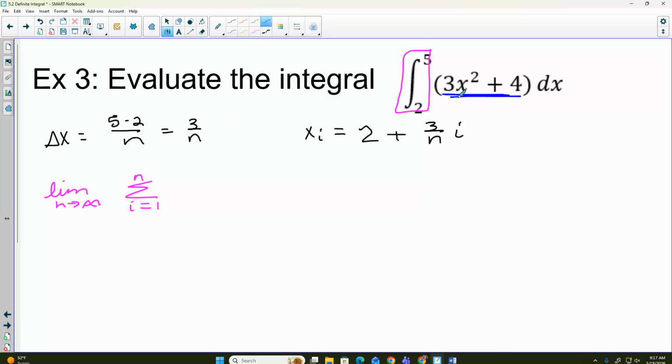Okay, my function. We are taking that, but what do I replace my x with? The x gets my x sub i, so that's the 2 plus 3 over n i squared.